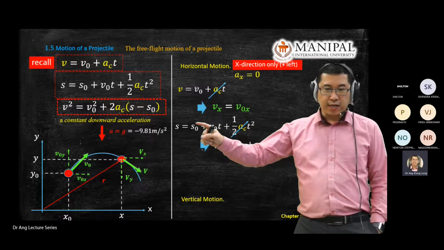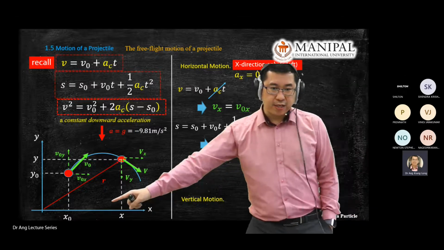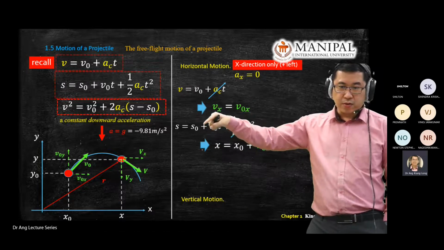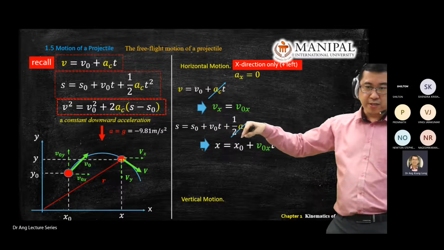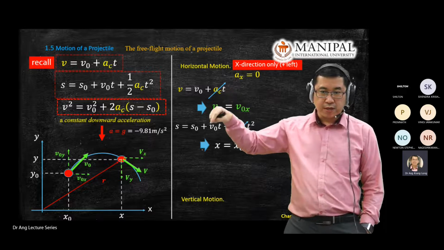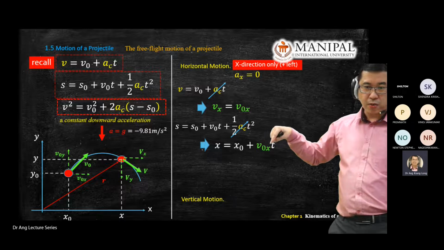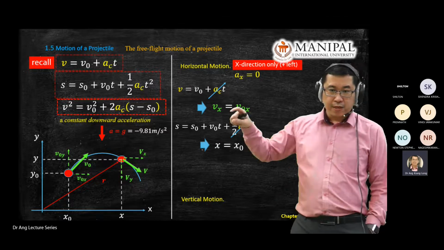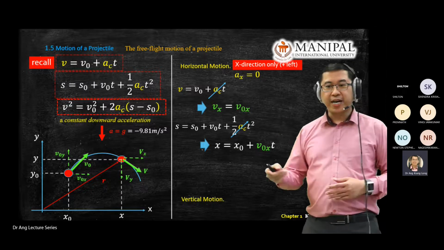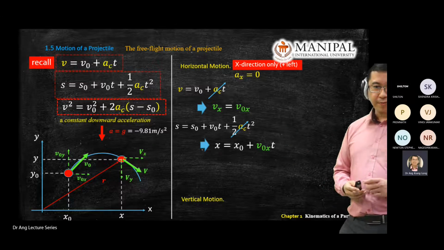S0 is your starting point, so we define our starting point in the X direction as X0, and we replace S0 with X0. Because we are looking at horizontal motion, V0 becomes V0x in the X direction. Time you continue to carry forward, because you cannot change time between X direction and Y direction. Right? Time is time. Okay.